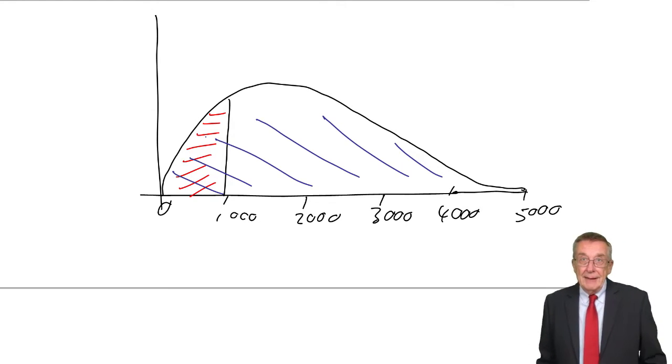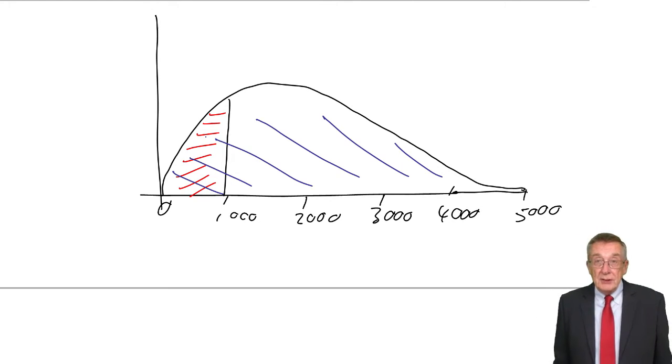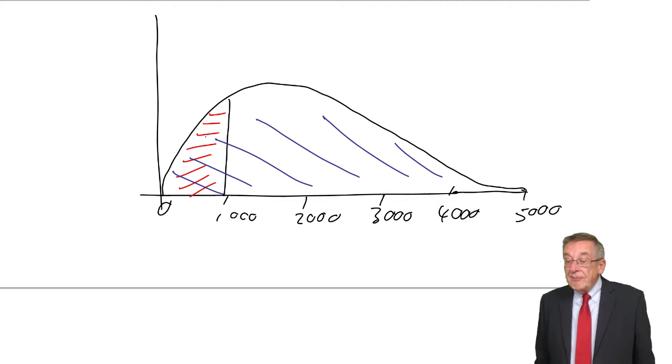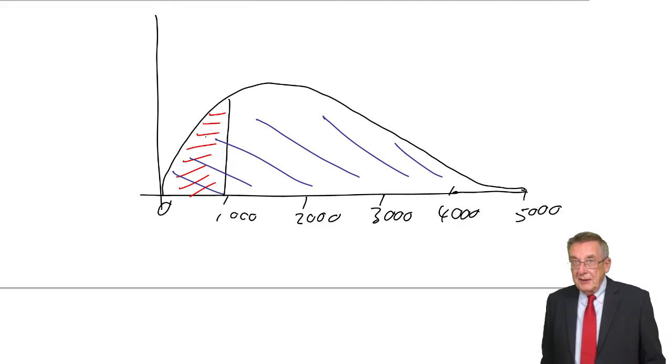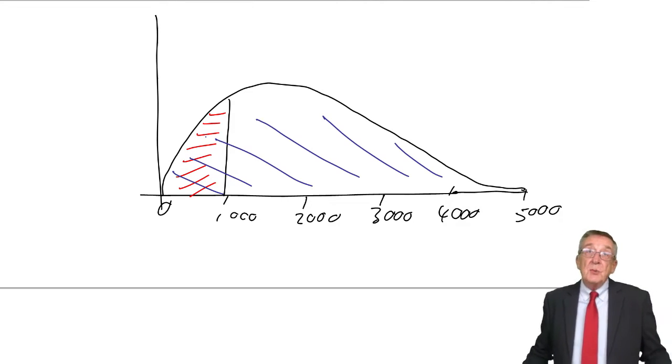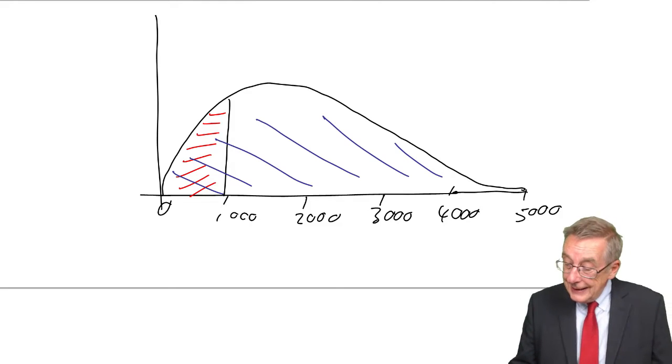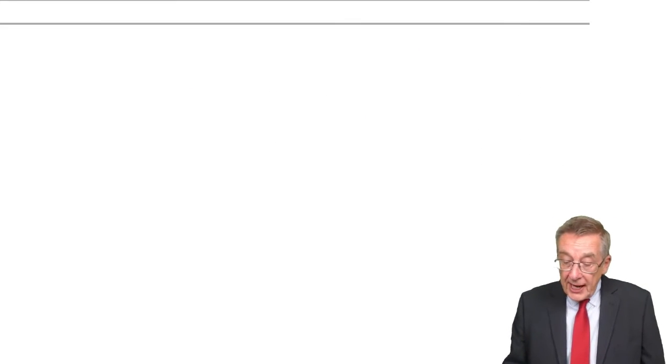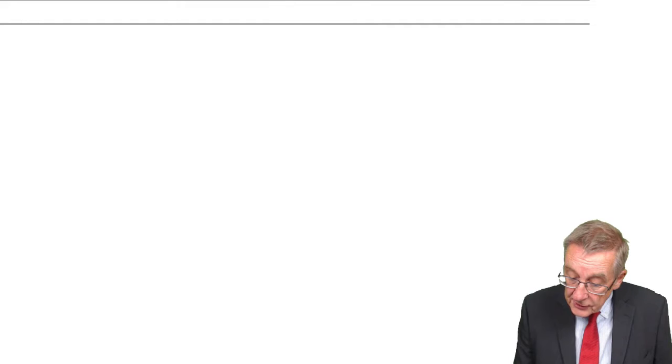Well, finally, I can get on to the normal distribution. Because for one particular shape of curve, there are tables which let us work out those proportions. And the particular shape is called a normal distribution.